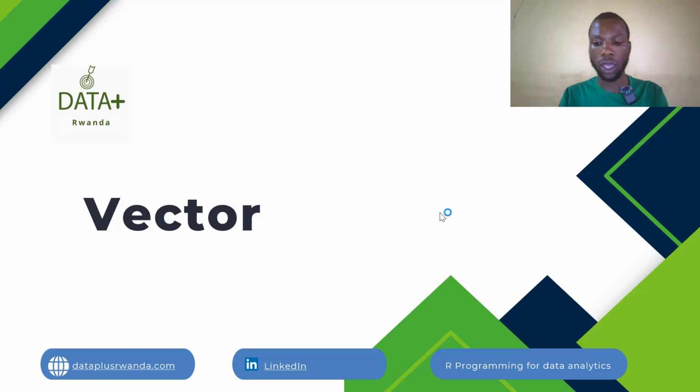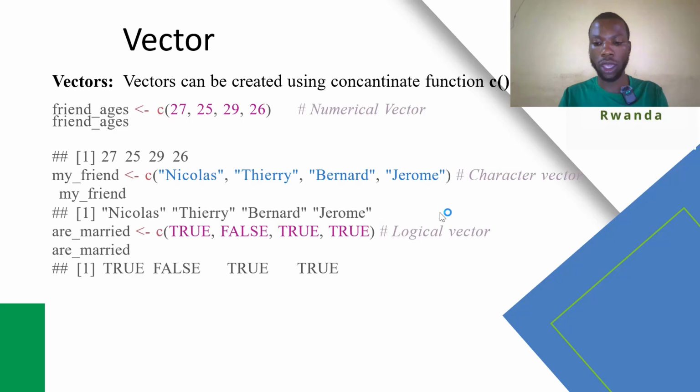One of the characteristics of the vector is that it consists of one data type, and you understand that the vector can be numeric, categorical, logical, and so on. It will depend on the data type, but we are focusing on only three data types as the common ones, but not limited to.